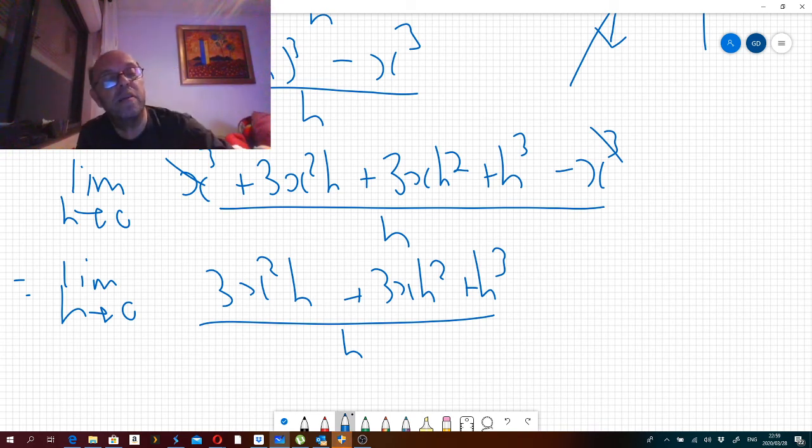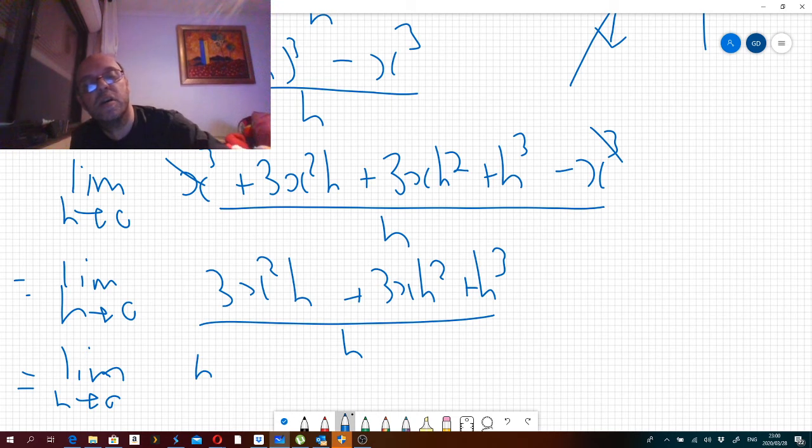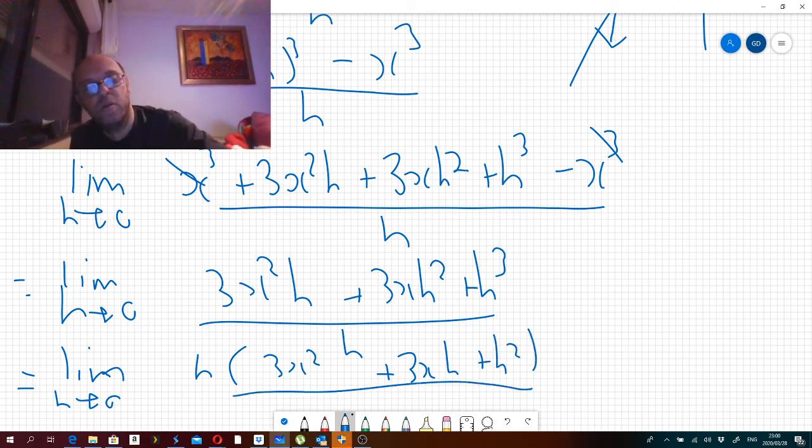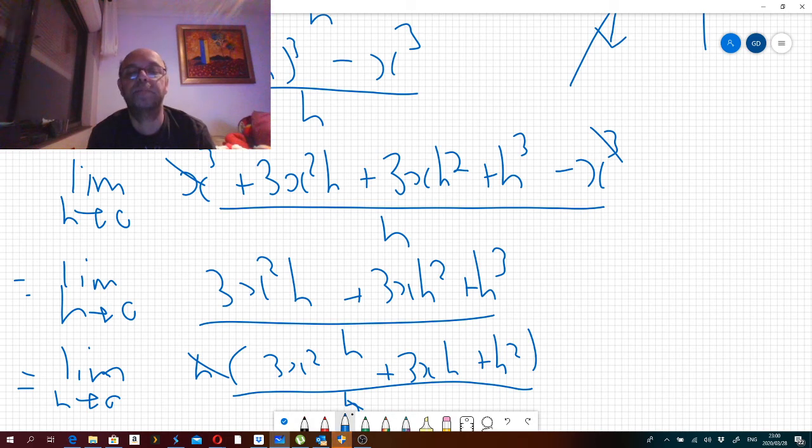So we'll say this is the limit as h approaches 0 of h times 3x squared plus 3xh plus h squared all over h. And of course the h's will cancel, which now leaves us with, and let me erase a little bit now.